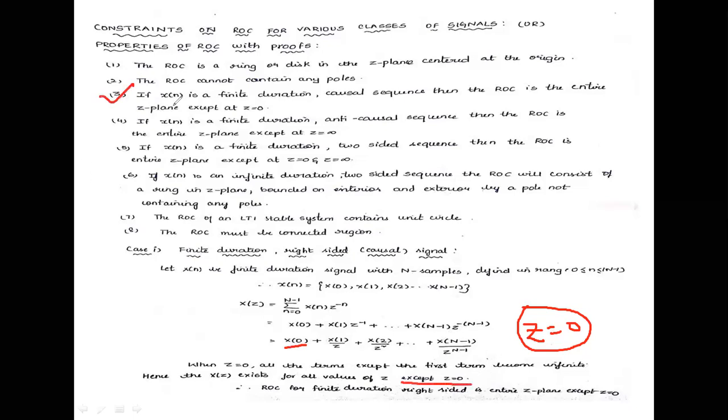This is the third point, my students. X of n is a finite duration, finite meaning 0 to N minus 1 here, causal sequence, nothing but right-sided. Then the ROC is the entire z plane except z equal to 0. Entire z plane means for all the values of z the function X of z exists.